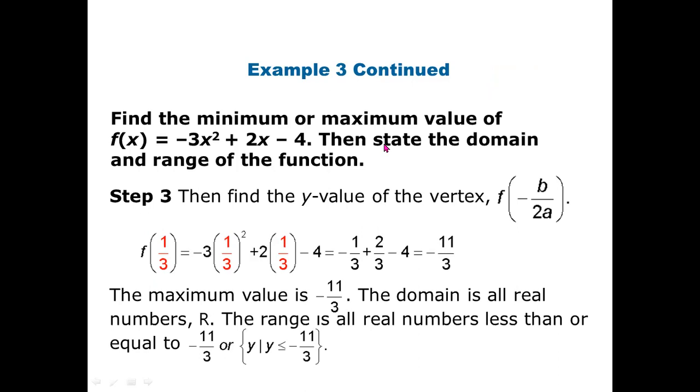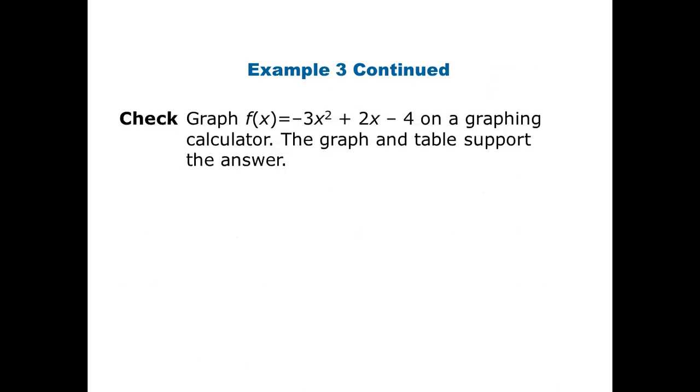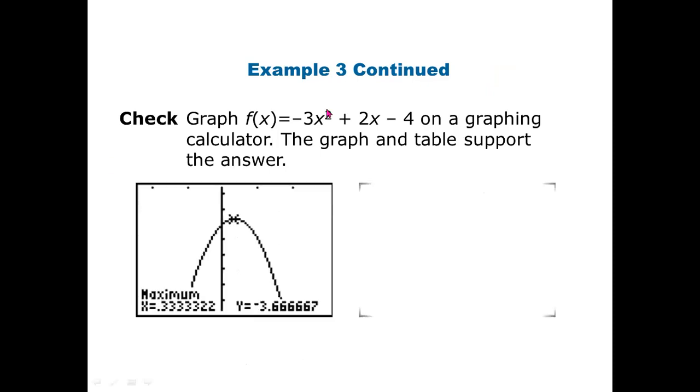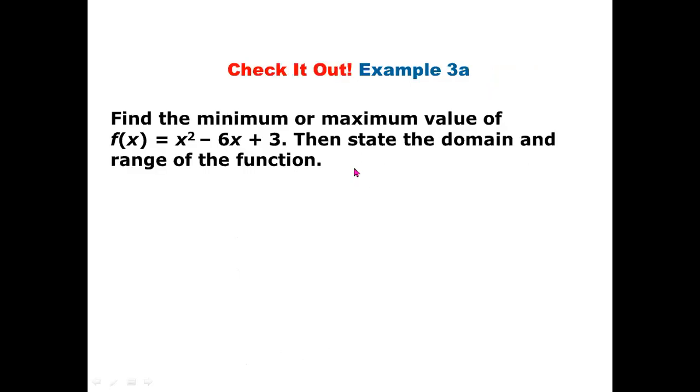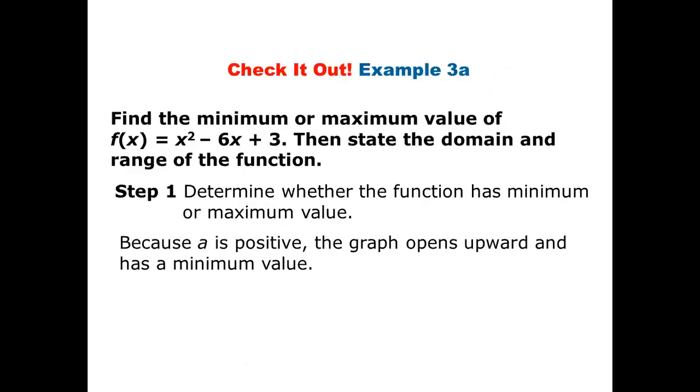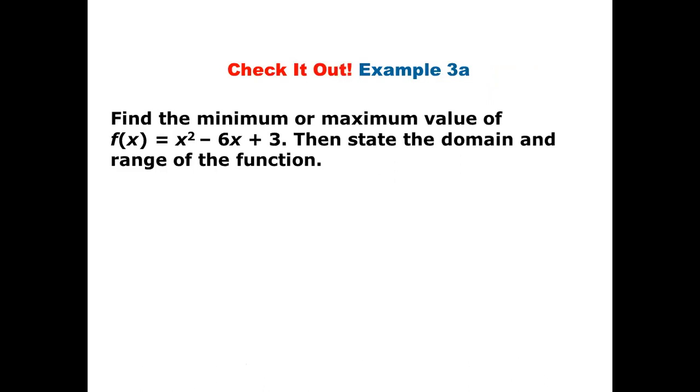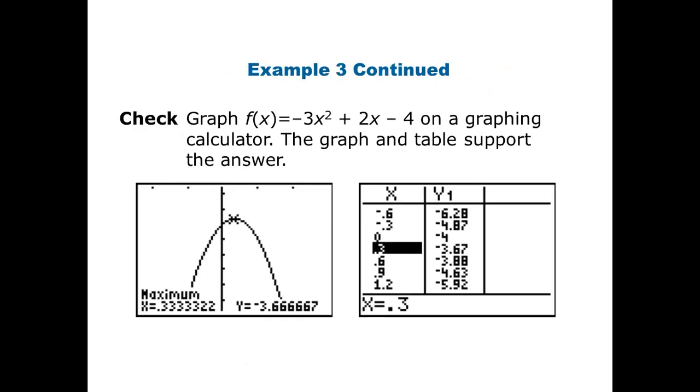Okay, so if we check, we have there the function of x, the example that we have, negative 3x squared plus 2x minus 4 on the graphing. Okay, so we don't use a graphing calculator, so we can have just a picture of it.